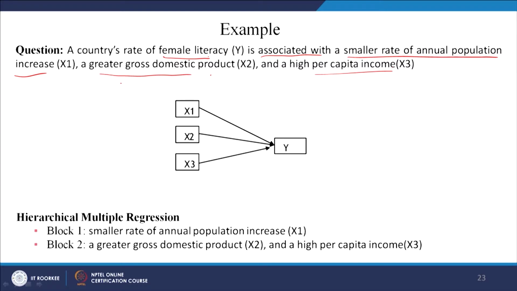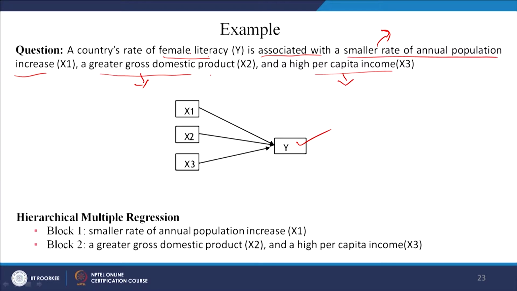So, what I am thinking is that if the annual population growth is increasing or decreasing, accordingly it will have an effect on the literacy rate. The GDP, if it increases, and the per capita income also if it increases, that will also have an impact on the Y, that is my female literacy, right.